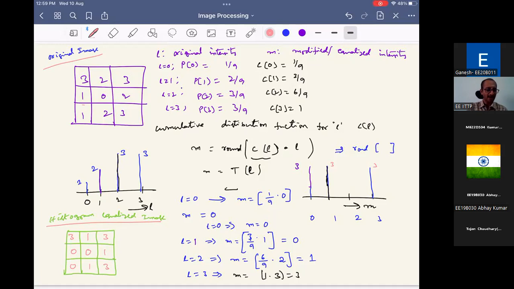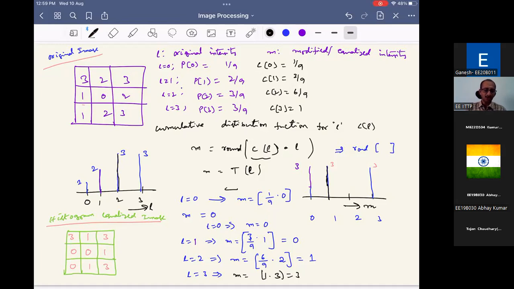It will remain the same. No change will happen, because the L minimum is the same as the capital L minimum and the L maximum is the same as the capital L maximum. We have the lowest and highest intensities already in the image, so it doesn't change anything.